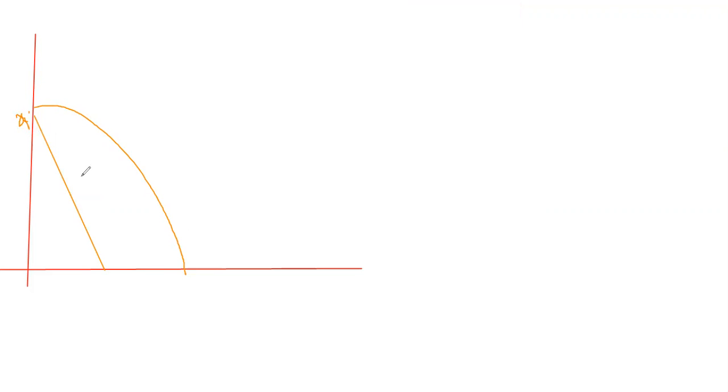What is happening here? Velocity is negative, is it or not? The slope is negative. Are you understanding that? Because this angle theta is an obtuse angle. Obtuse angle means more than 90. What is tan of 90 plus theta?